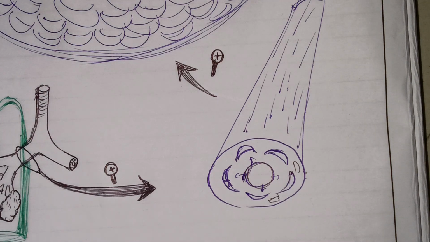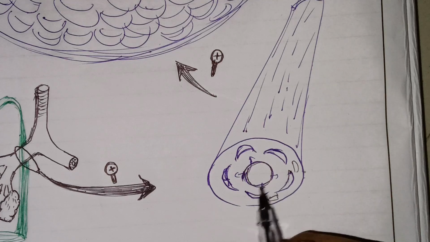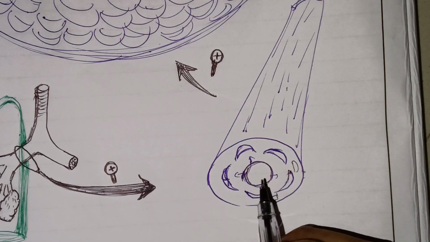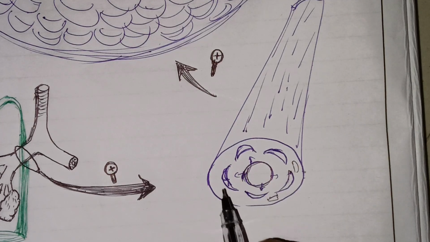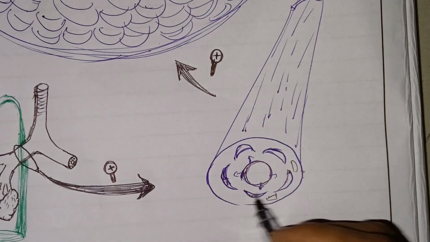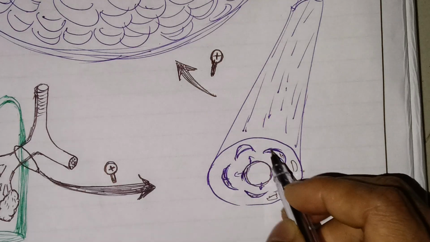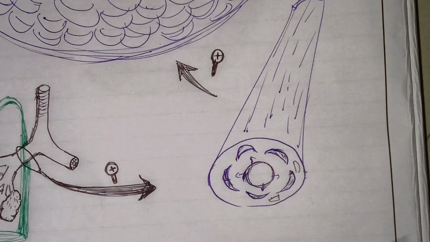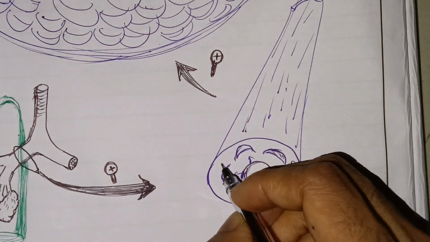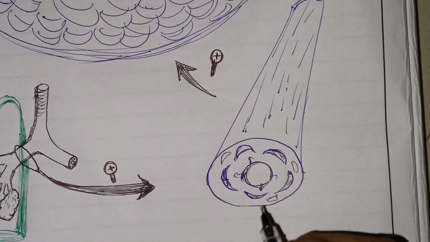So to enlarge or to open up the alveoli, what do we have to do? We have to relax the smooth muscle present in the bronchial. For this bronchial smooth muscle to get relaxed, there should be either a stimulatory receptor or an inhibitory receptor. Yes, there should be an inhibitory receptor.